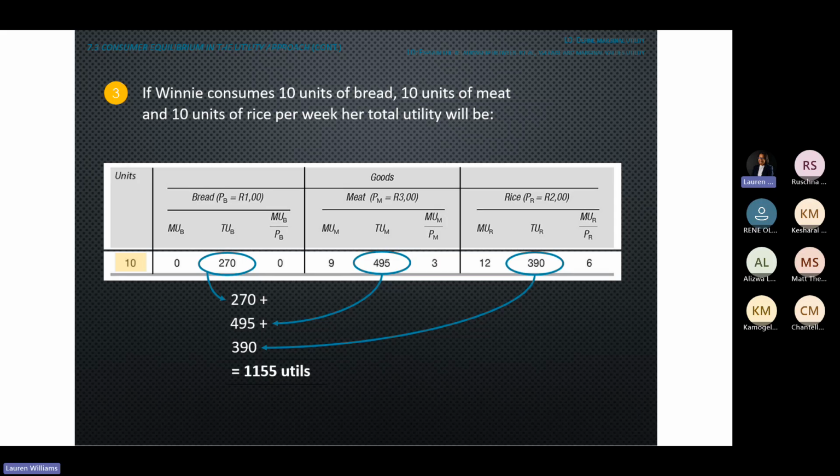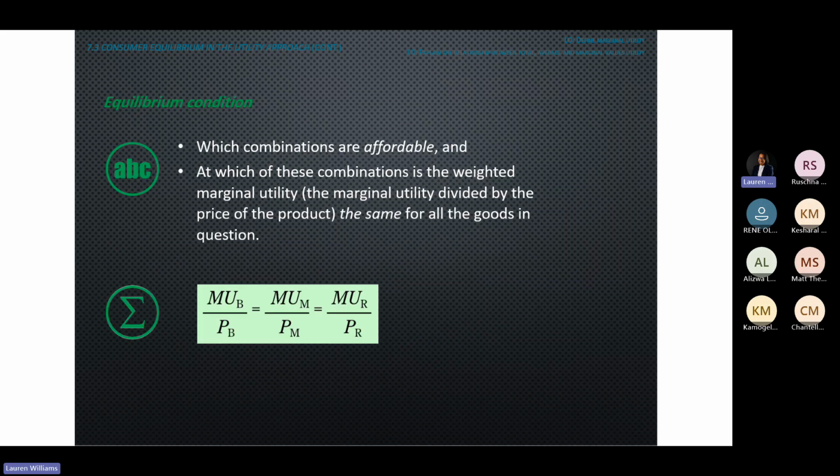She's already at 60 rand if she purchases 10 units of each of the products to get to this total level of satisfaction of 1,155 utils. We call them utils for utility. But it's completely outside of her means, so it's not a viable option for her given her budget.